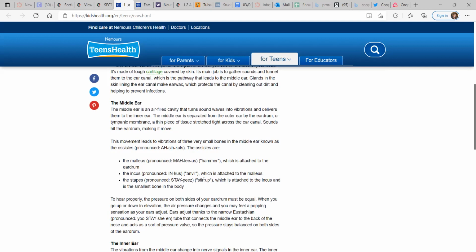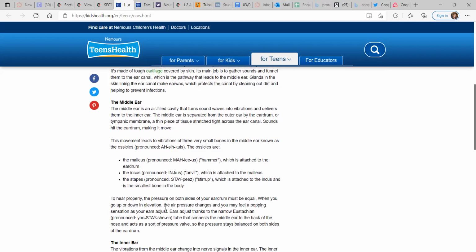It's shaped like the stirrup, so you have the hammer, anvil, stirrup, which is attached to the incus and is the smallest bone in the body, the stapes.